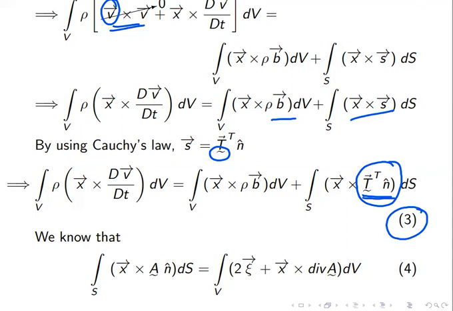We have an identity which says like this. The surface integral x cross A n ds is equal to, we are converting the surface integral to volume integral, like this.